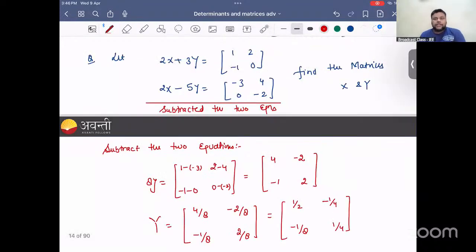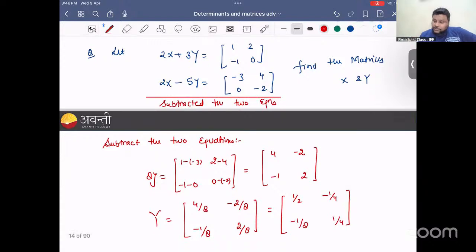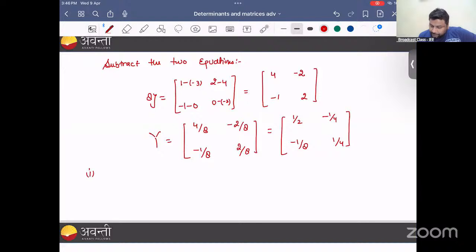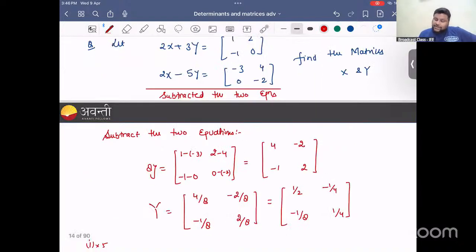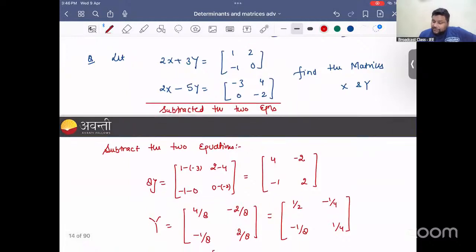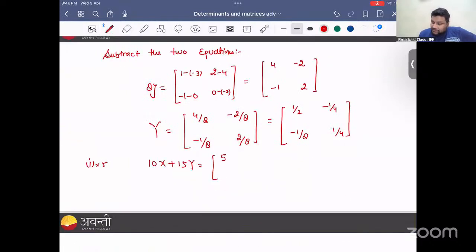Got it? Now to get x, one way is you put this value of y in any of the equations. The other way is you multiply the two equations in such a way that y cancels out. So what do I do? First equation multiply by 5. You get 10x plus 15y is equal to 5, 10, minus 5, 0.